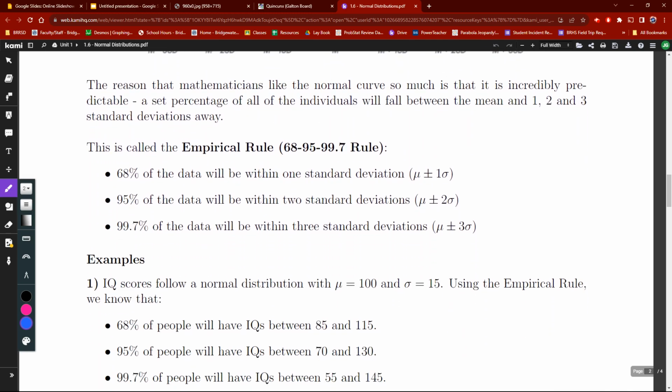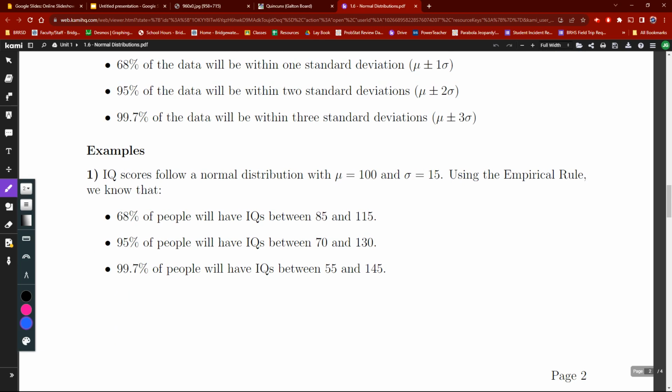All right, so let's look at how we could use this rule to help us figure out the answers to some problems. Here's another example.